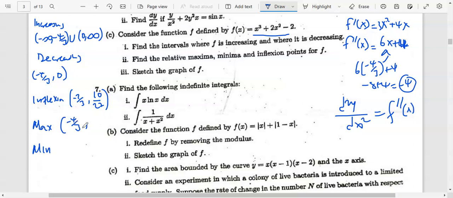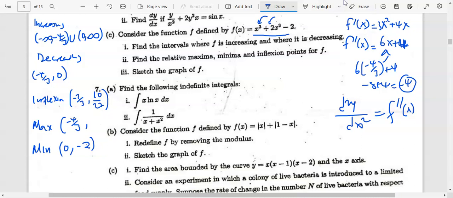A positive means minimum. Now I don't know the y value, so go into the function, and where there's x, put 0. That will give you negative 2. So 0 comma negative 2 is a minimum.